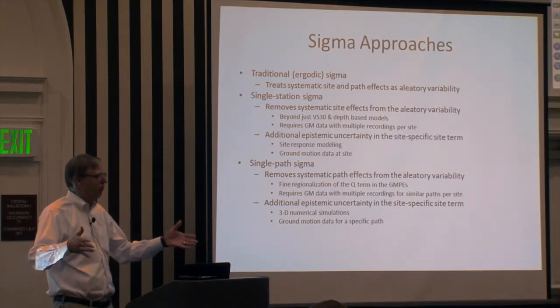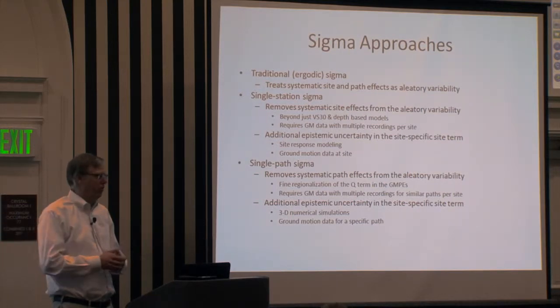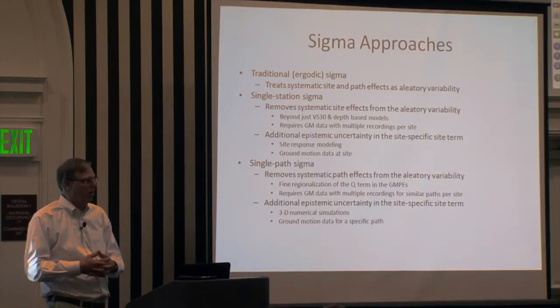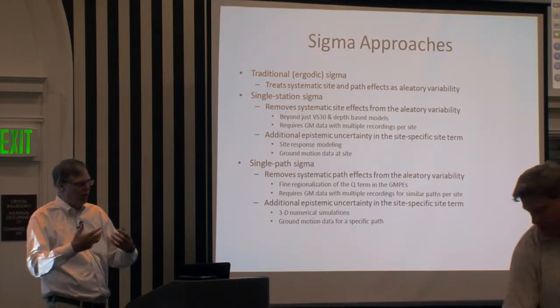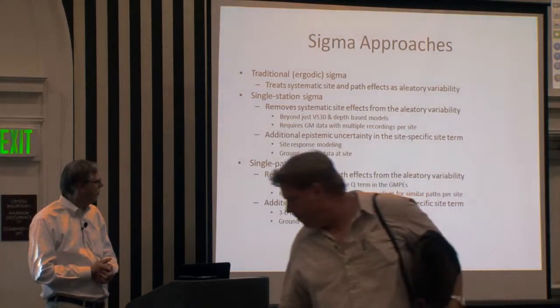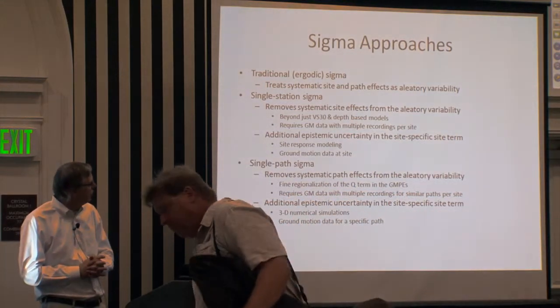If I have no recordings, I have even larger uncertainty, and that's often the case, that I might not have a specific recording. But I can also use geotechnical site response modeling to get at it. So if I have measurements of the shear wave velocity there, and instead of just using VS30, I now have the whole profile, and I can start to model that effect. I can do that, but it still has to capture the uncertainty.